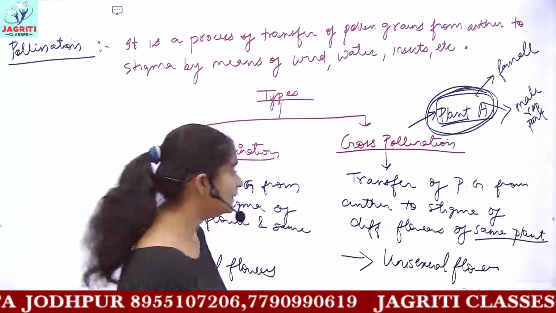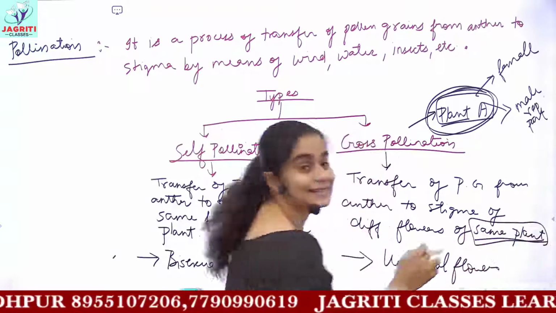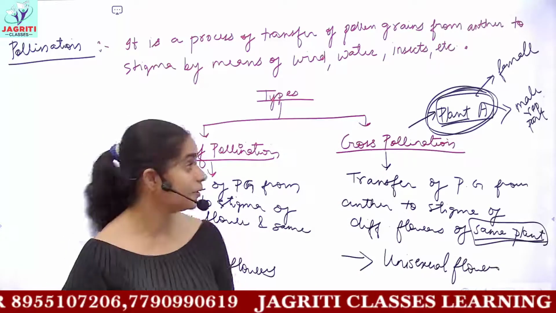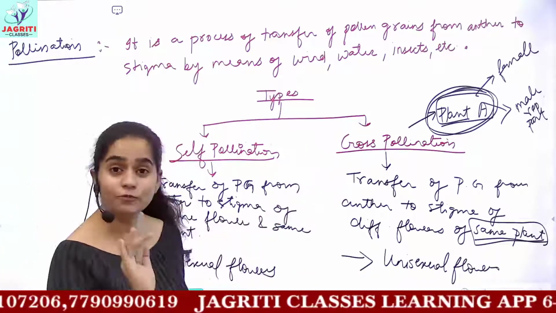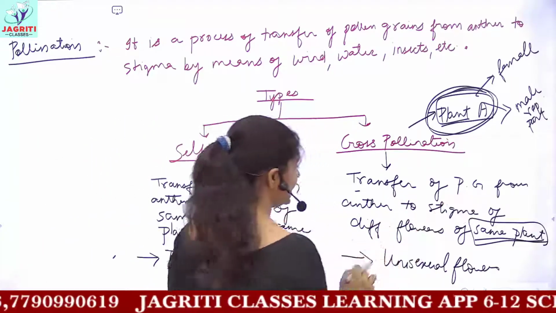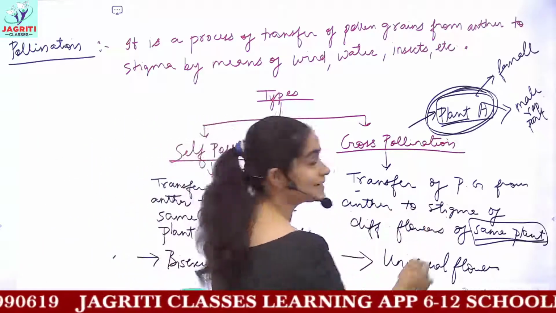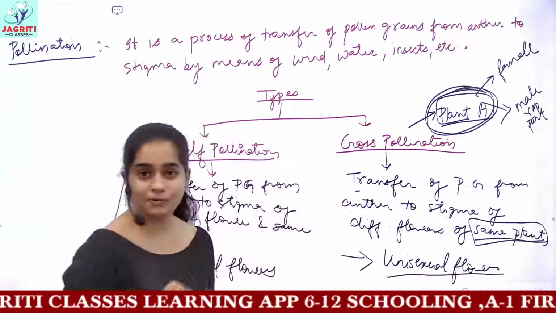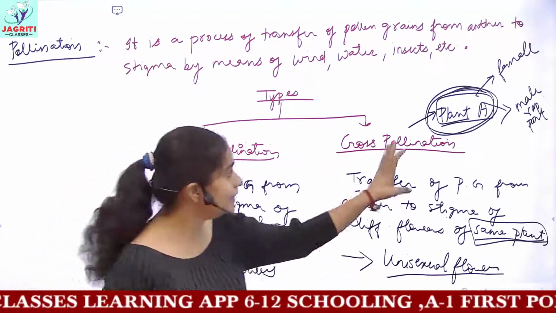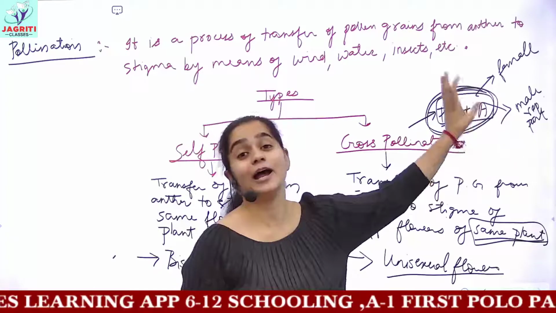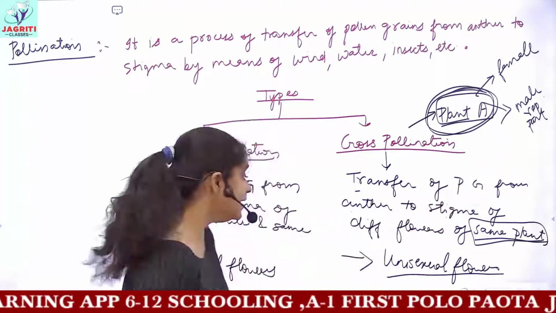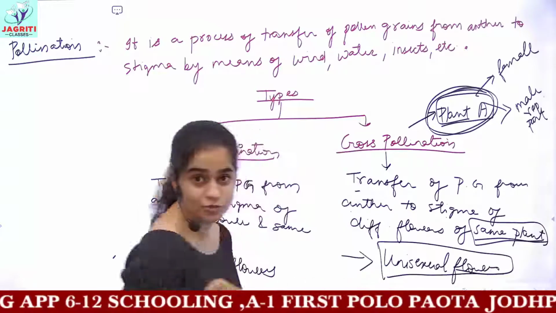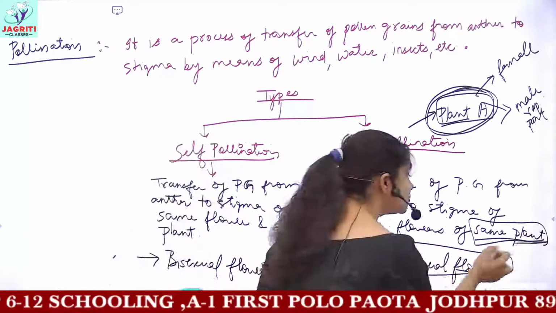So we have written same plant here, and this is again a very important term, that cross-pollination involves transfer of pollen grains from the anther to the stigma of different flowers. Because we are talking about unisexual flowers, that is, the flowers either contain the female reproductive part or the male reproductive part, and hence they are known as unisexual. But they should belong to the same plant.